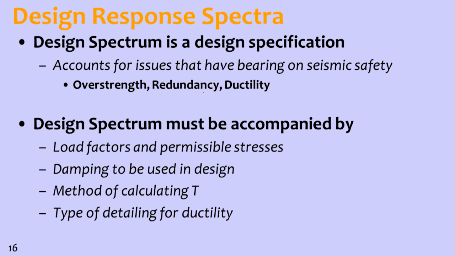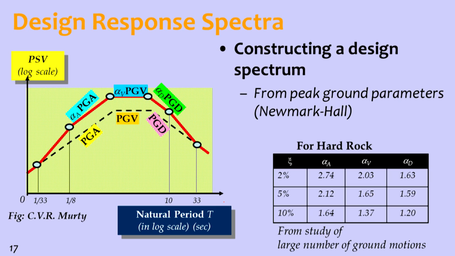The design spectrum must be accompanied by load factors and permissible stresses, damping to be used in the design, method of calculation of T, and type of detailing for ductility.